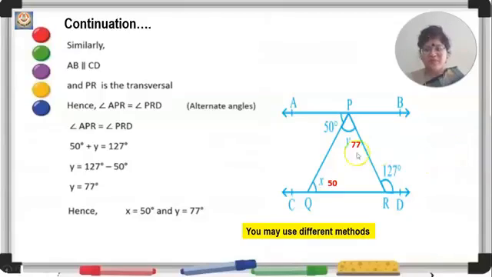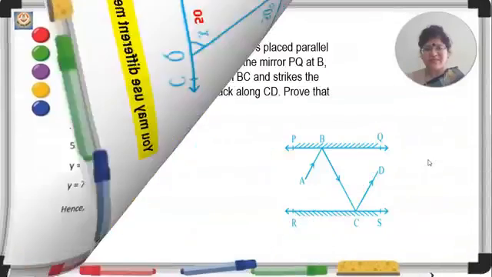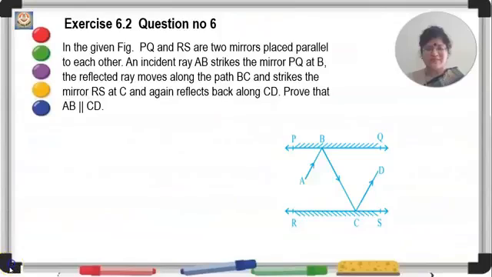Okay. Now let us look at another question from this exercise. Exercise 6.2, question number 6. I'm reading out the question. In the given figure, PQ and RS are two mirrors which are placed parallel to each other.